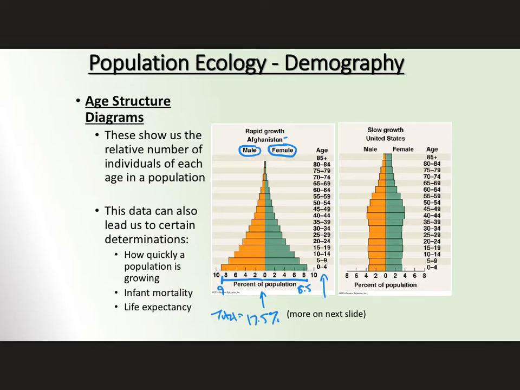Now, this can tell us a lot of different things. Most importantly, though, is how quickly a population is growing. So, for instance, this shape in Afghanistan with a really broad base and a really sharp peak is rapidly growing, versus the U.S., which does not have quite as broad of a base and still tapers some toward the top, but just not quite as much.